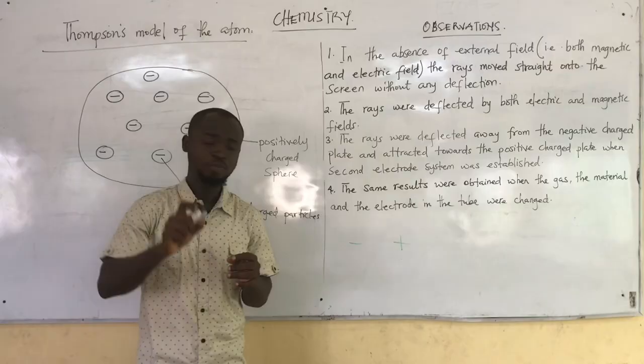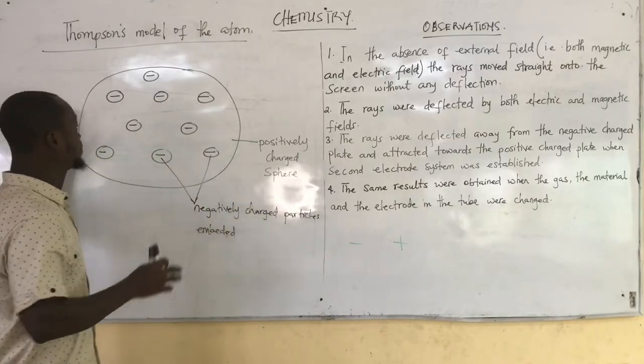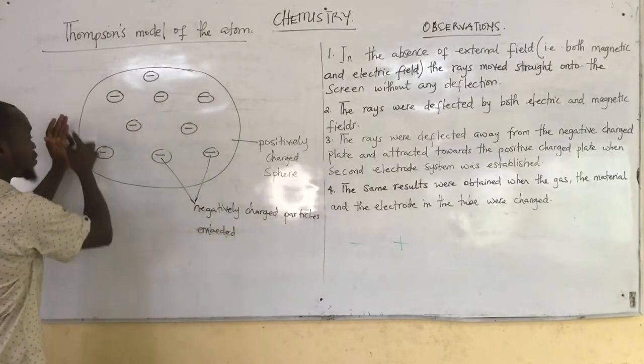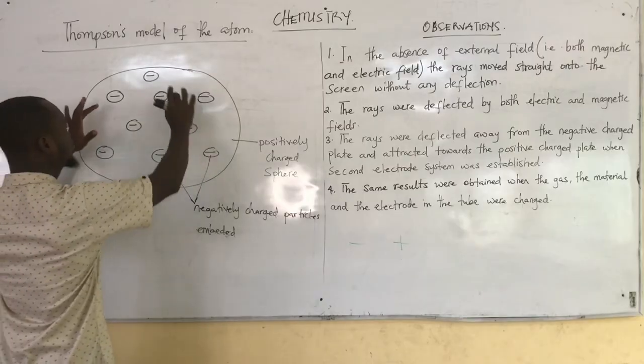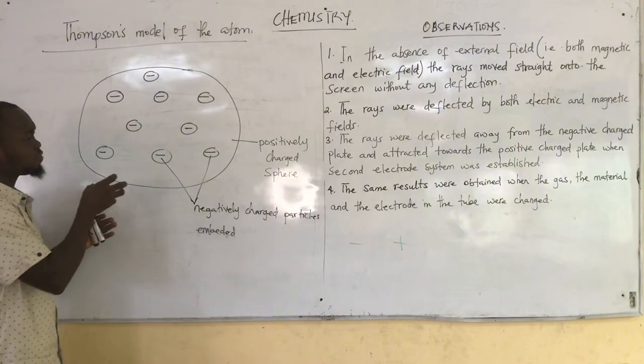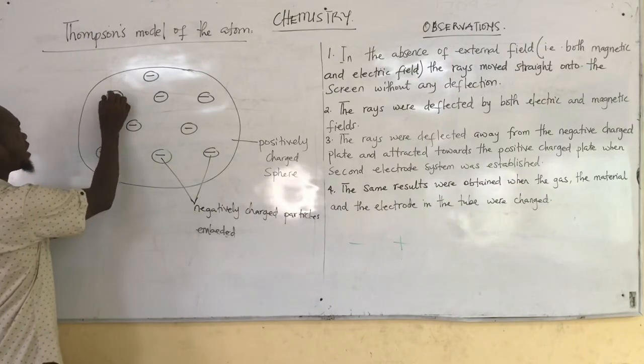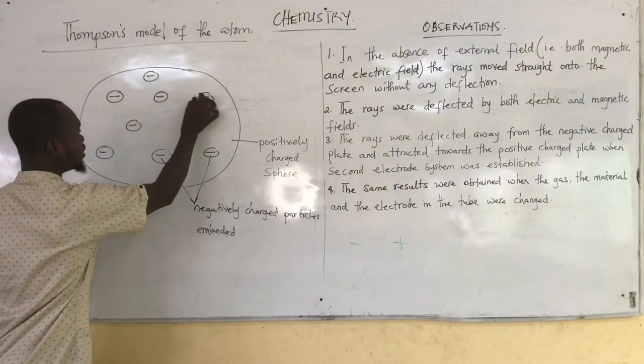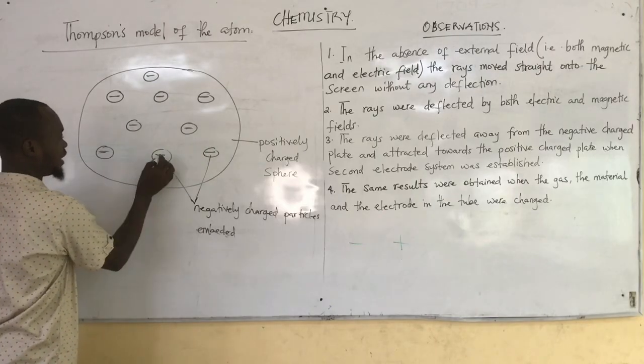So I have here the solid sphere. He described the atom as a solid sphere, and this solid sphere is positively charged. And in this positively charged sphere, it has a ring of negatively charged particles or electrons embedded uniformly in it.